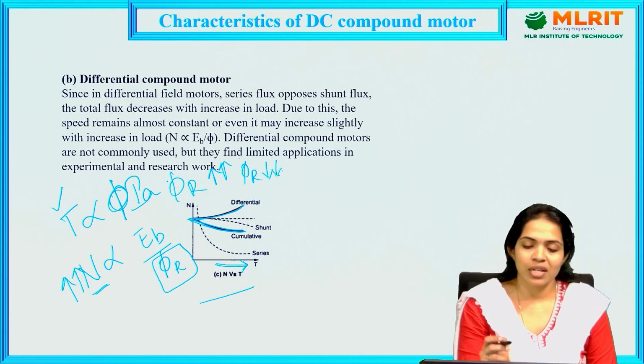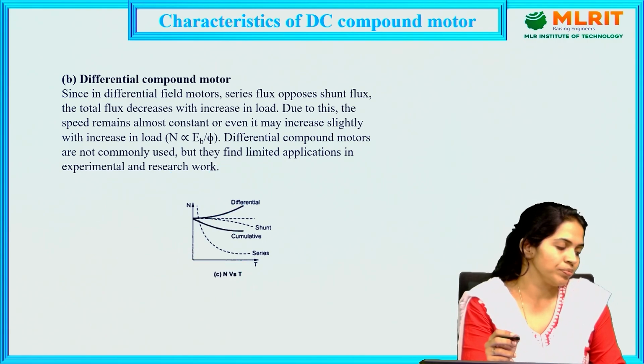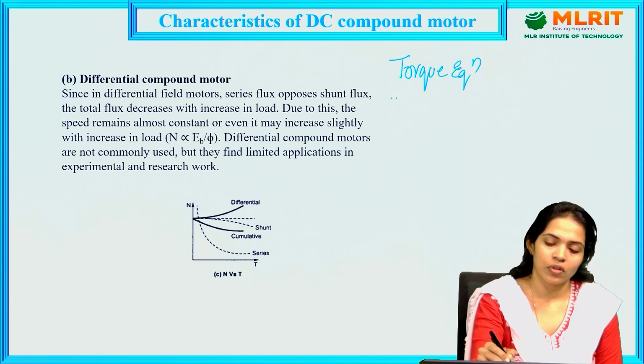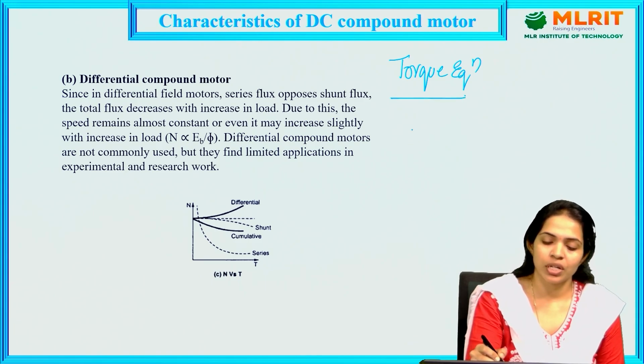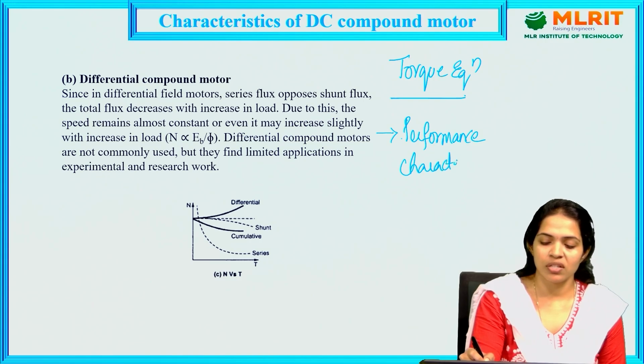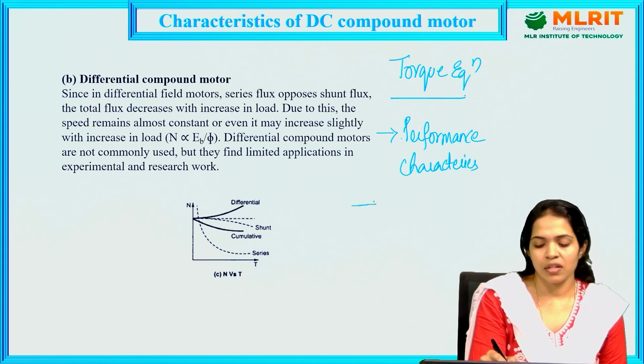So in today's class, we have discussed the torque equation and the derivation of the torque equation. Then we have discussed the performance characteristics of all the three kinds of motors, that is series, shunt, and compound.